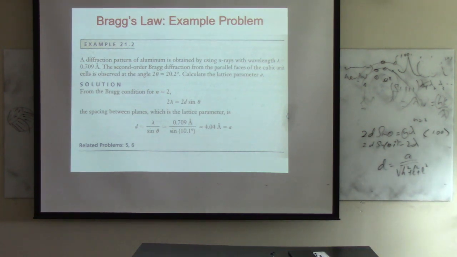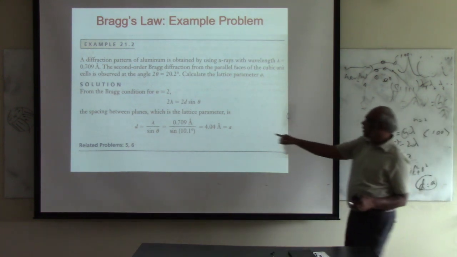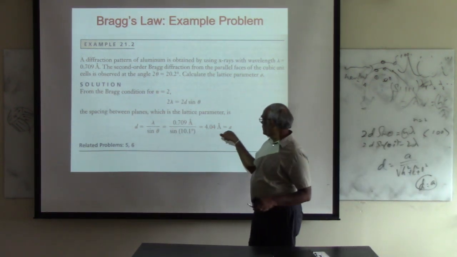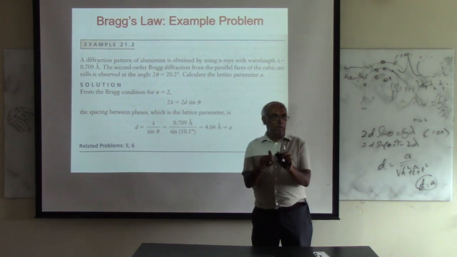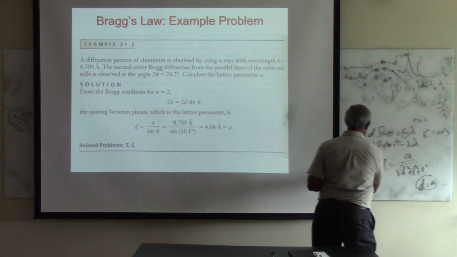So that means for your d, for any of these planes, only 2 terms are zeros, right? So that means your d equals a, right? Because this is 1, this is 0, 0, then your d equals a. That's what this problem is about. You calculate d, so that's the same as your a. a is the lattice constant, the distance between 2 lattice points.